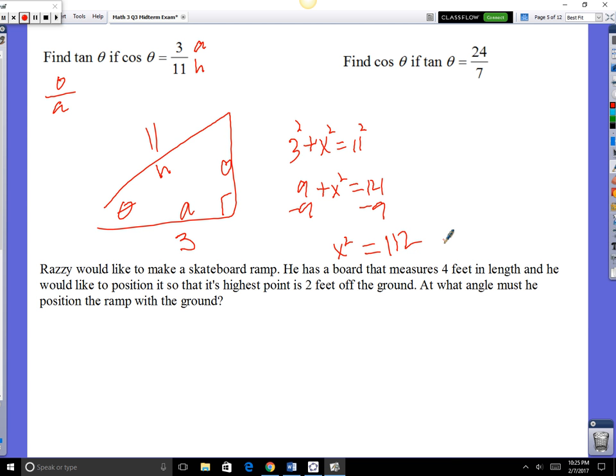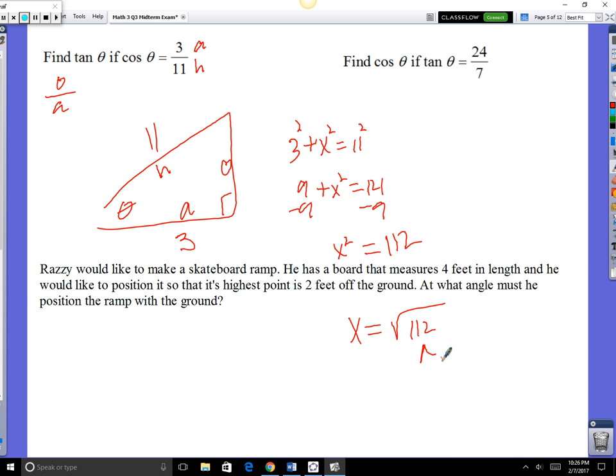So if you do square root of 112, it's a decimal. And in your instructions, if there's no instruction, they'll say leave it as a radical. So leave it exact, don't round it, no decimals. So if we leave it exact, x equals exactly square root of 112. But that's unacceptable. You've got to simplify it.